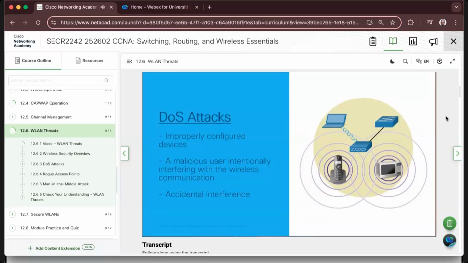Accidental interference can happen too. Our wireless local area networks are prone to interference from other wireless devices, cordless phones and even more. The 2.4 gigahertz radio frequency is the most interference-prone wireless band. So how do we minimize this risk to the wireless service?